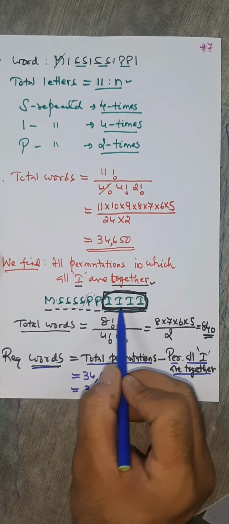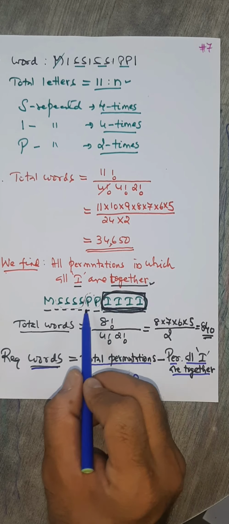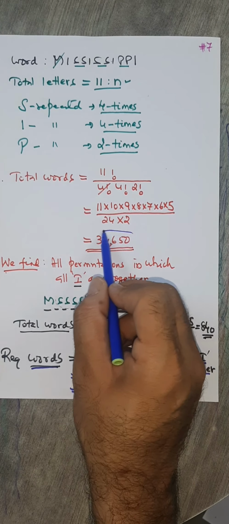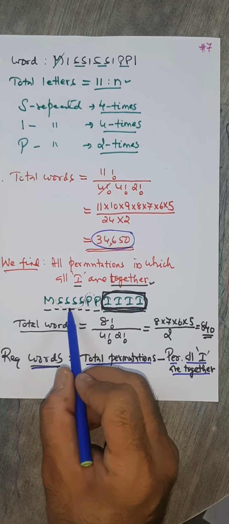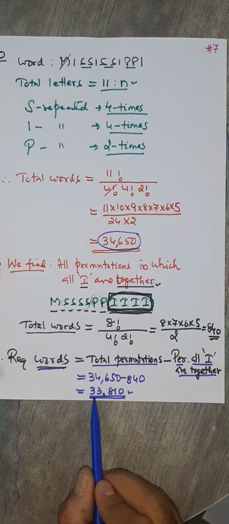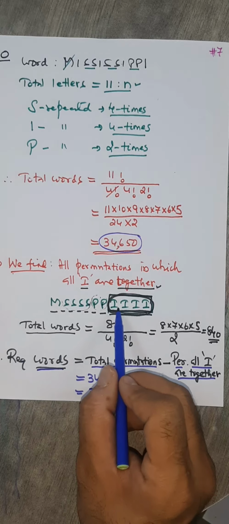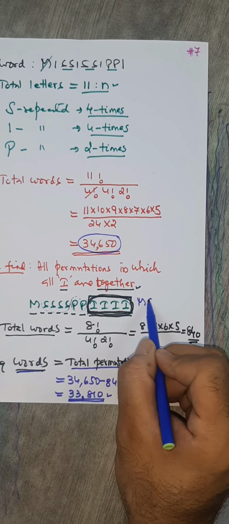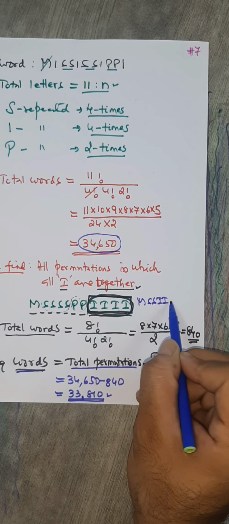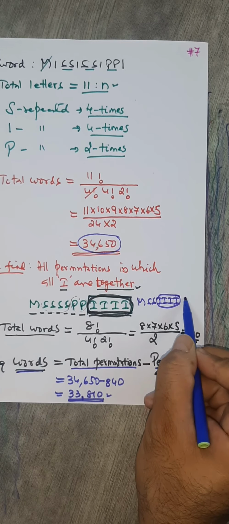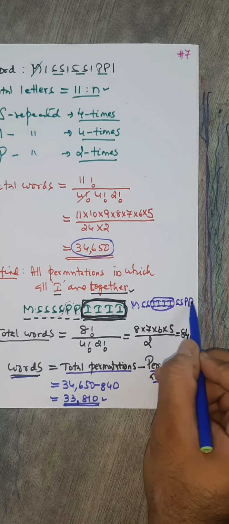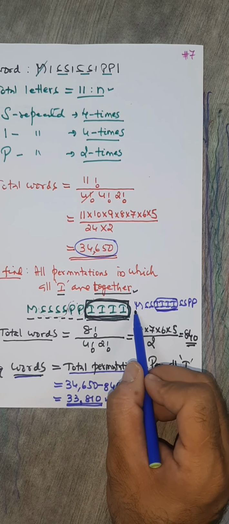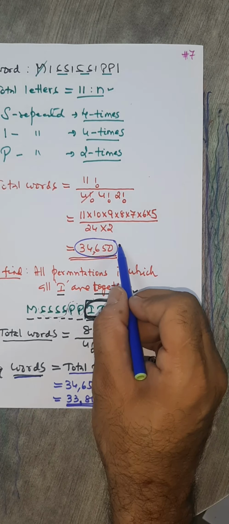This many words are there in which I's never be together. I's never be together means कैसा हो सकता है? देखो, like this, इसमें कहीं पे ऐसा आ गया, इसमें कहीं पे ऐसा आ गया. जिसमें I's together है वो टोटल लिस्ट में से निकल जाएगा. तो we'll get all the permutations in which I's never occur together. इसमें एक भी लिस्ट में I's साथ वाला ऐसा वाला एक भी नहीं आएगा. रिमेंबर, ऐसा वाला मीन्स वॉट? ये ऐसा भी हो सकता है, लाइक MSS, फिर यहाँ पे 4 I's साथ में आ गया. रिमेंबर, फिर वापस SSPP ऐसा हो गया, लाइक दिस. इसमें देखो I's साथ में, ये पूरा बॉक्स इधर शिफ्ट हो गया. अंडरस्टूड? ये सब टोटल लिस्ट में से निकल जाएगा.